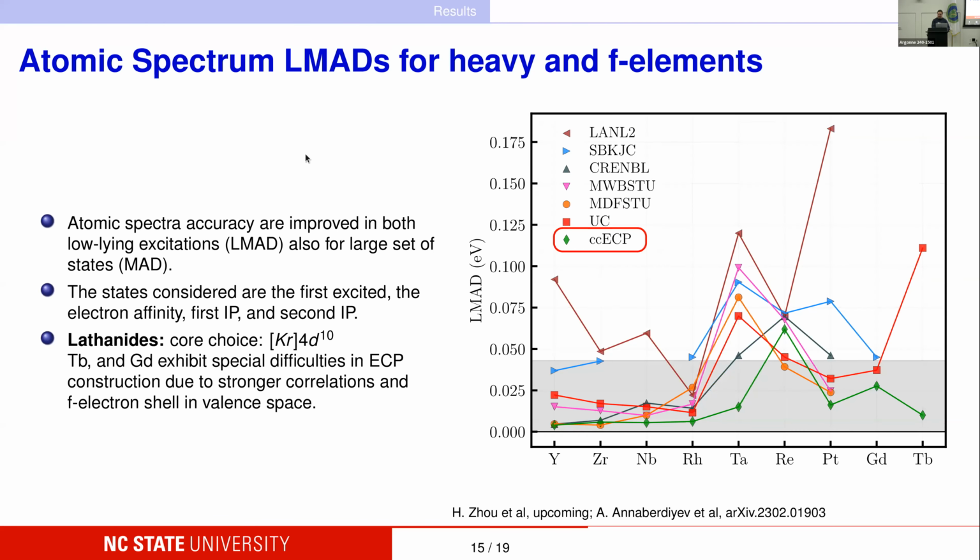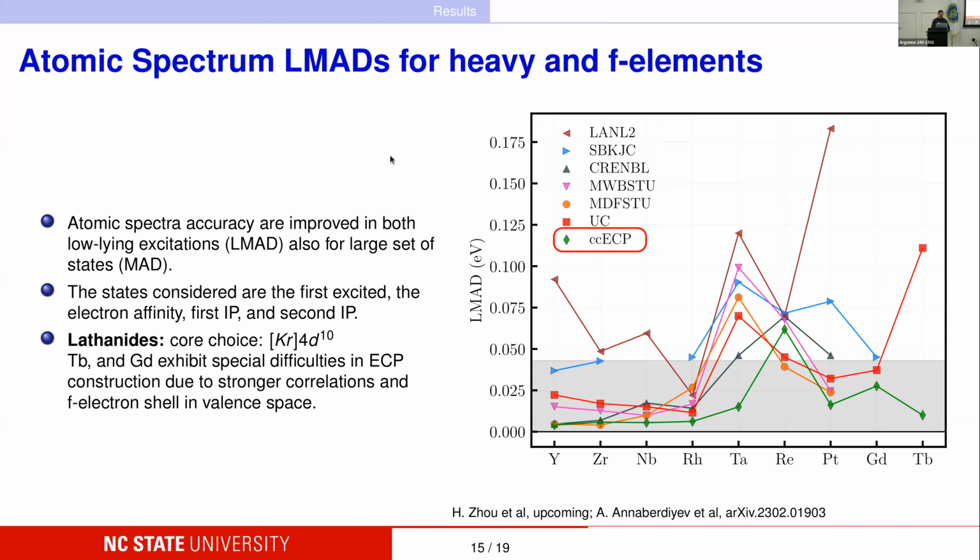So here are the LMADs, the low-lying states, for all of the elements in this most recent paper. And you can see they lie well within chemical accuracy, with the exception being rhenium, but it seems that for most ECPs rhenium moves up quite a bit compared to some of the others. We're on par, at least, with the others in that regard.